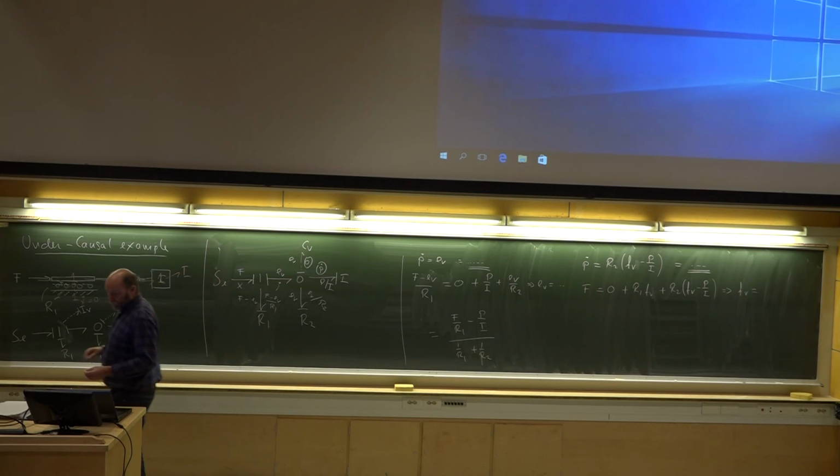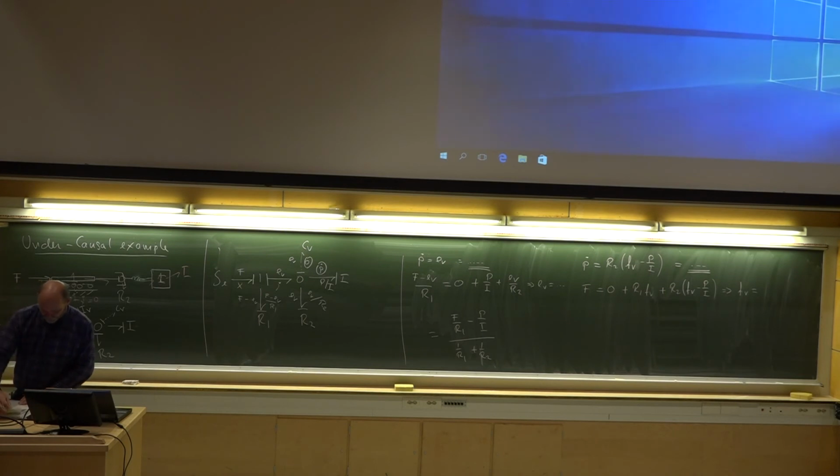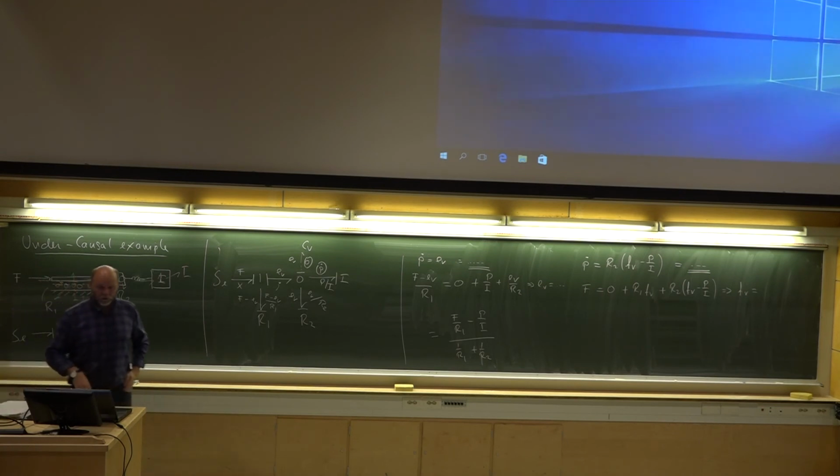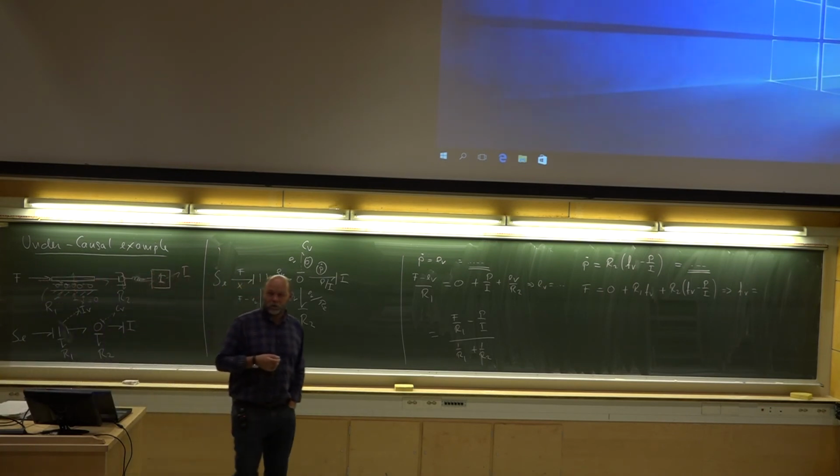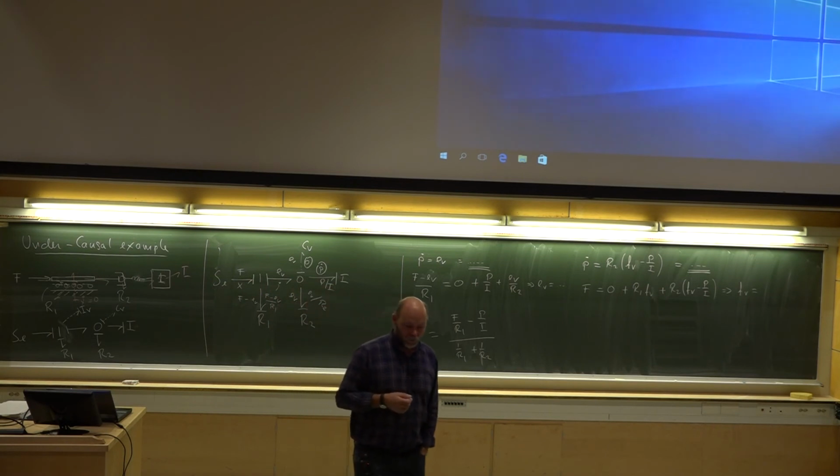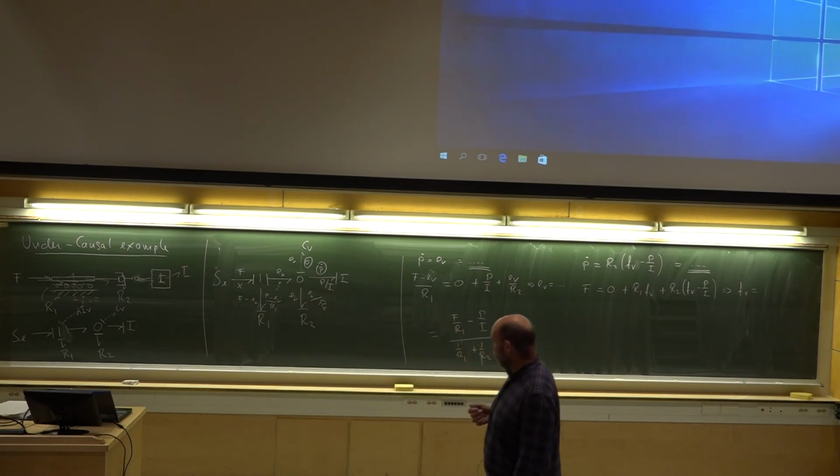Okay, with that we should be done with the bond graph theory. So now everything should be crystal clear, I hope. Of course you're going to need a lot of examples, a lot of exercises to get used to the ideas.